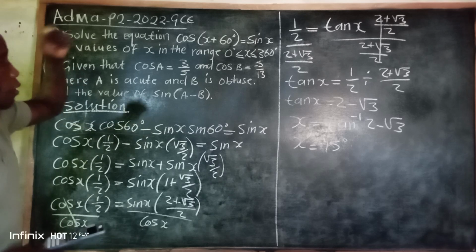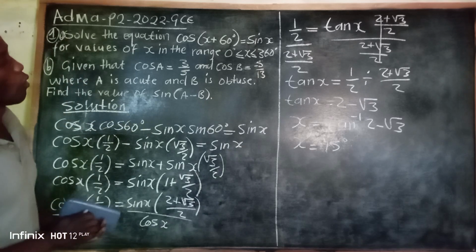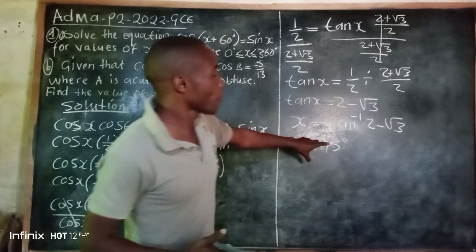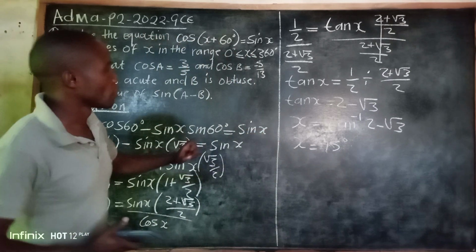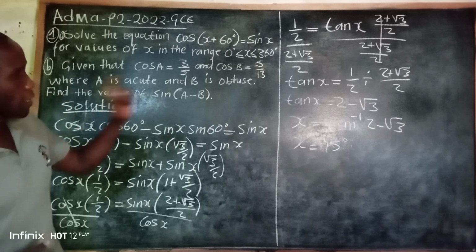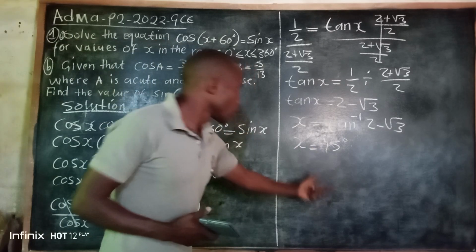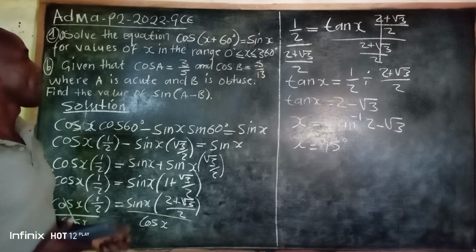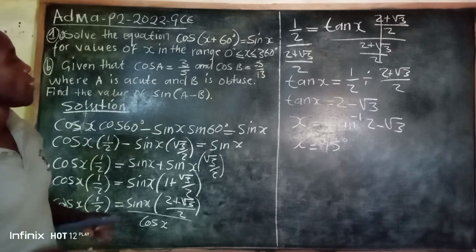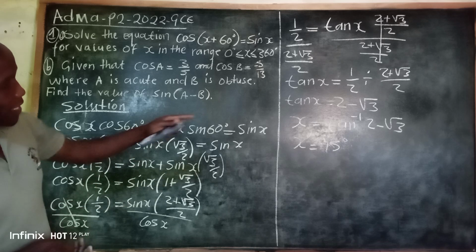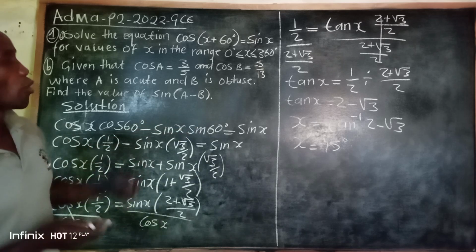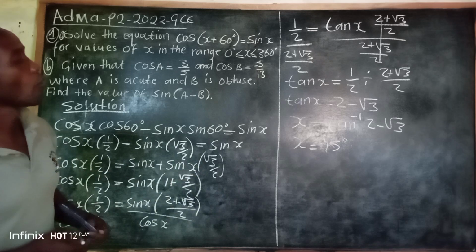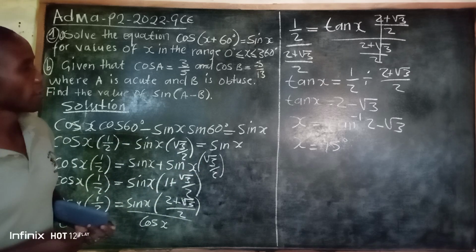So it means we'll go back to the unit circle, where we are going to consider where we can find the angles that we are looking for. Since the tan here is positive, on the unit circle we are going to get the positions where tan is positive, and that is where we are going to find the solutions for x.